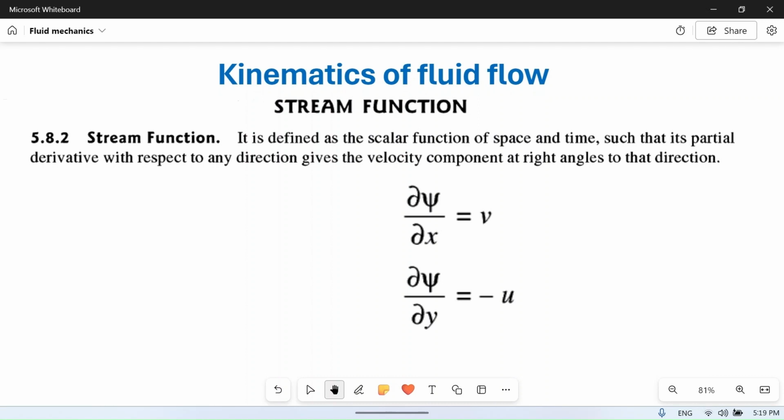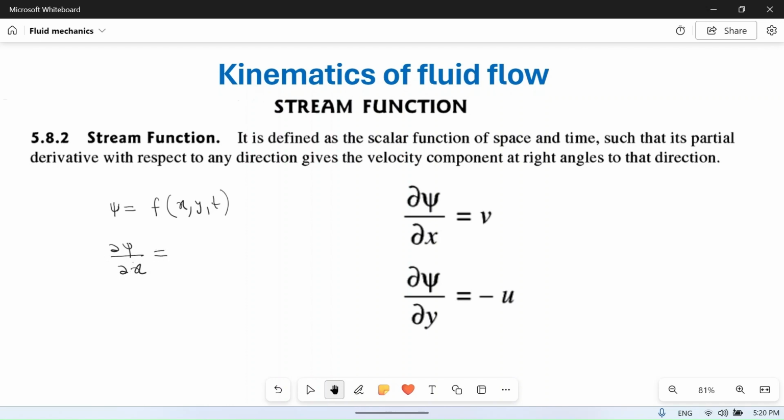Okay, so what is the stream function? Stream function psi is a function of x, y and time. Now if we take the derivative of the stream function with respect to x, then it will give velocity in the y direction.